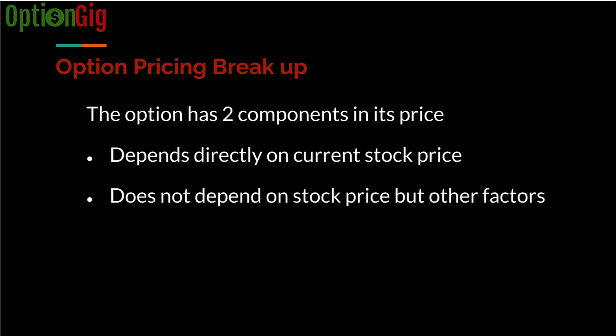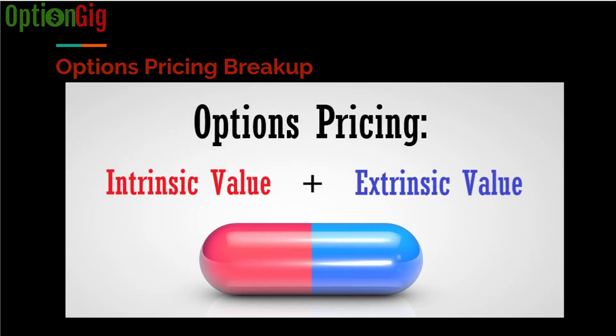What is happening in the rest of the world, what is happening in the market, how much time is left for expiration, yada yada yada. So these two components are called intrinsic and extrinsic.